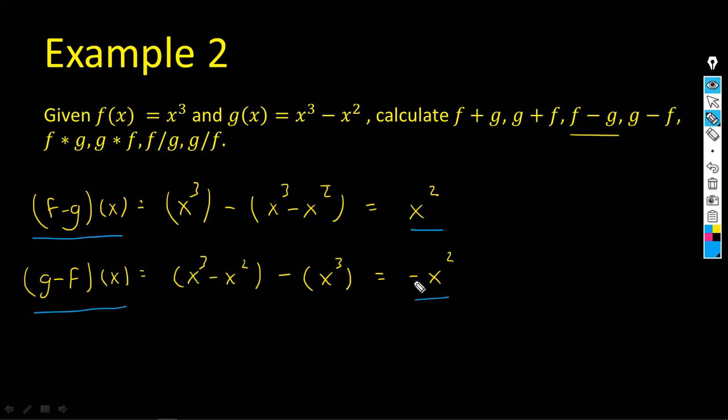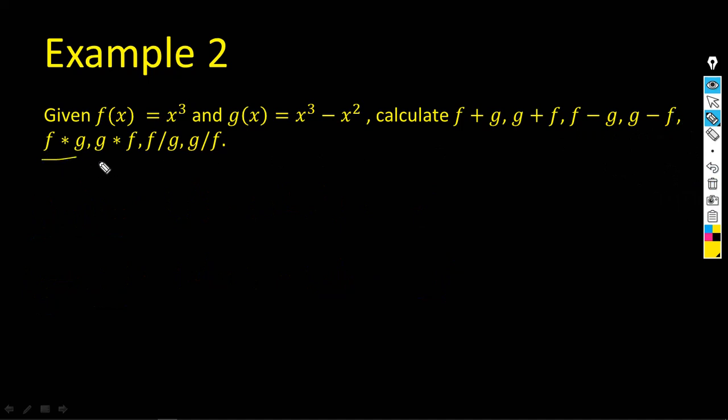A single sign is enough to say that these two are different. And in fact, in the general case, doing this and doing this is different. So we say that subtraction is not commutative. It's not the same subtracting f minus g than doing g minus f.